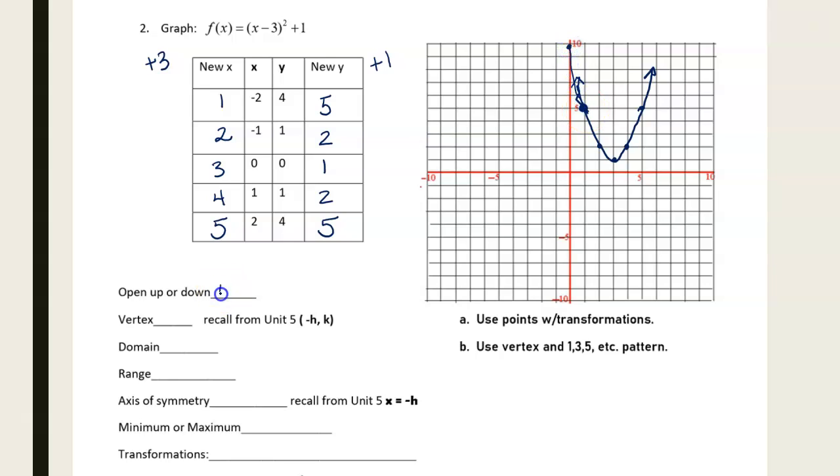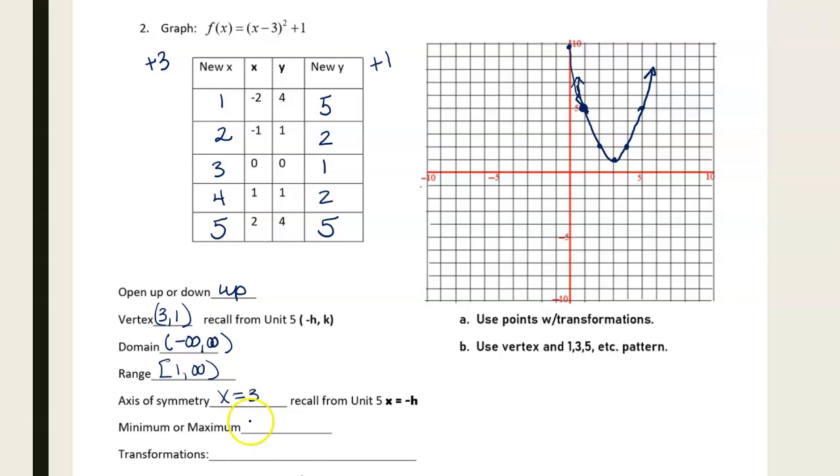So this opens up. Our vertex is the opposite of h, k. Domain is -infinity, infinity. Your range is lowest to highest, so we have 1 to infinity. Your axis of symmetry is x equals the opposite of h.